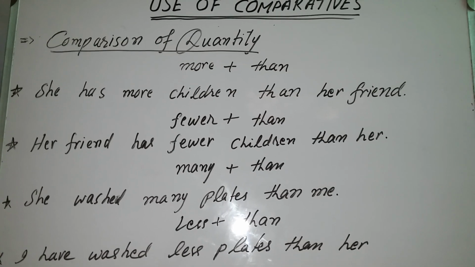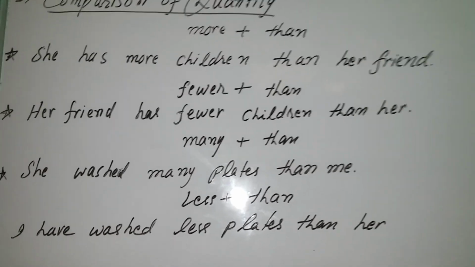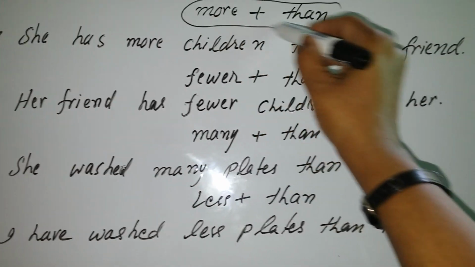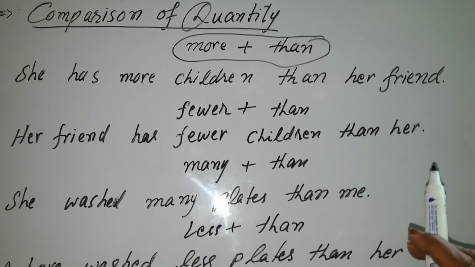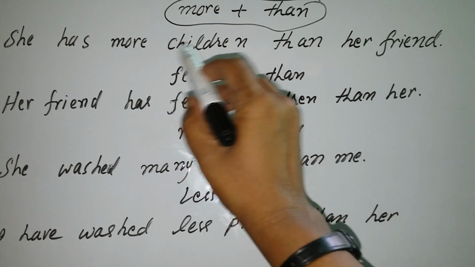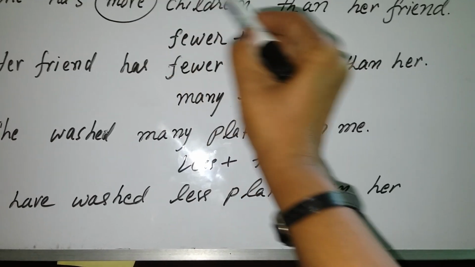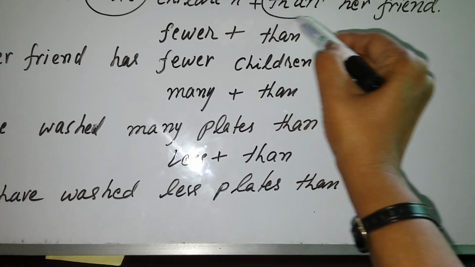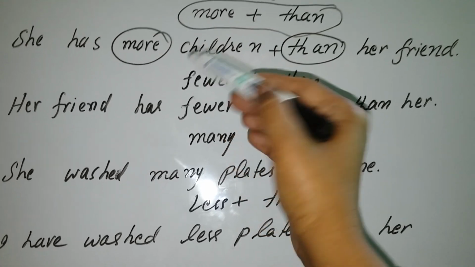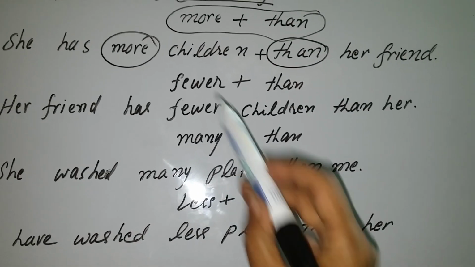Now if we want to make a comparison of quantity, then we will use these formulas: more plus than. Example: she has more children than her friend. More plus than, and between these two words you can write any noun which is being compared.